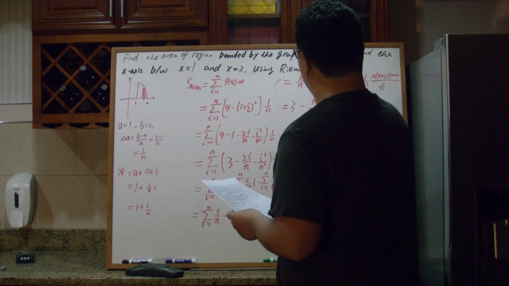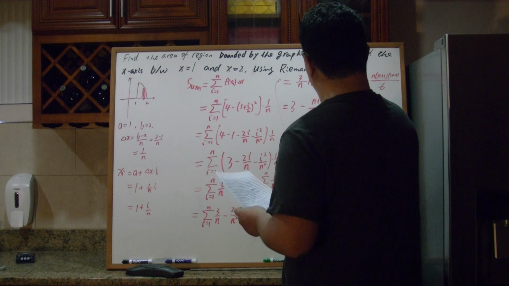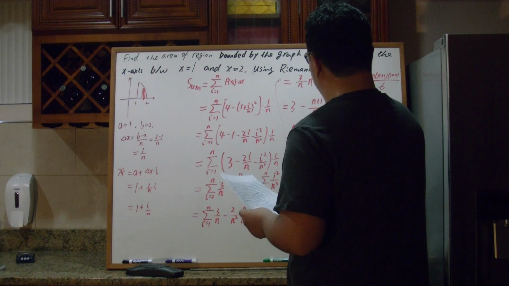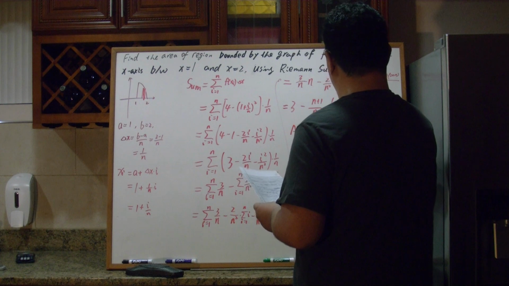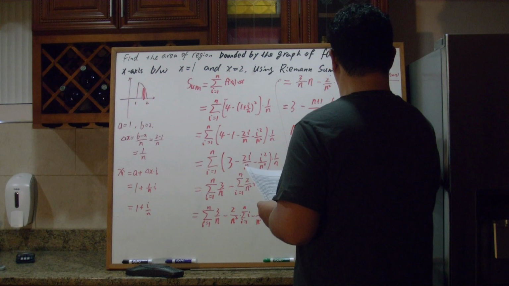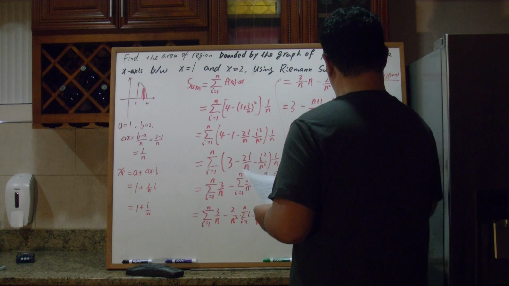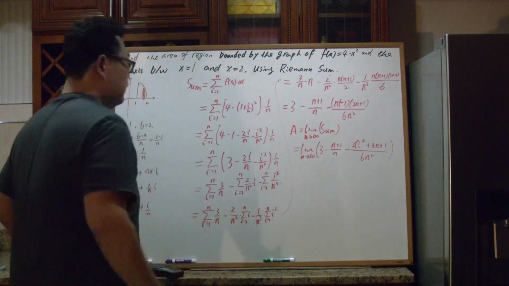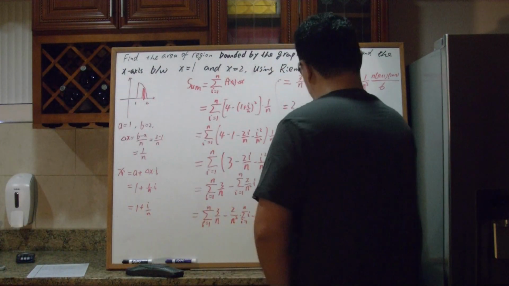So we get the area equal to the limit as n approaches infinity of the sum, that is 3 minus (n plus 1) over n minus (n plus 1)(2n plus 1) over 6n squared. Right, so we could divide it separately.